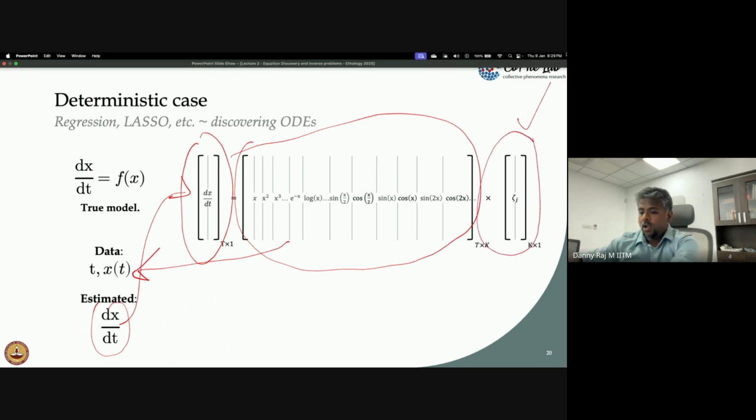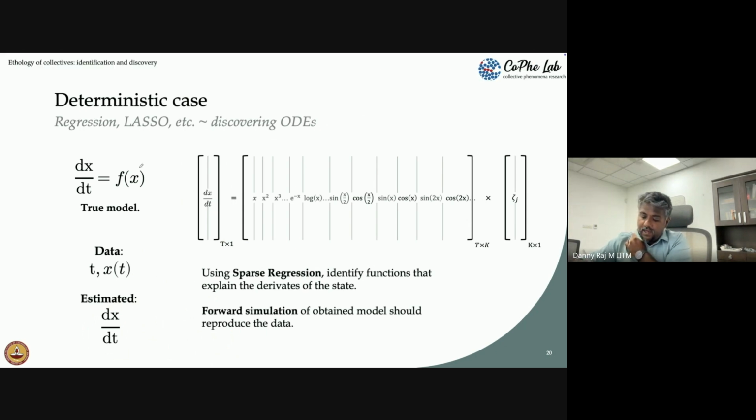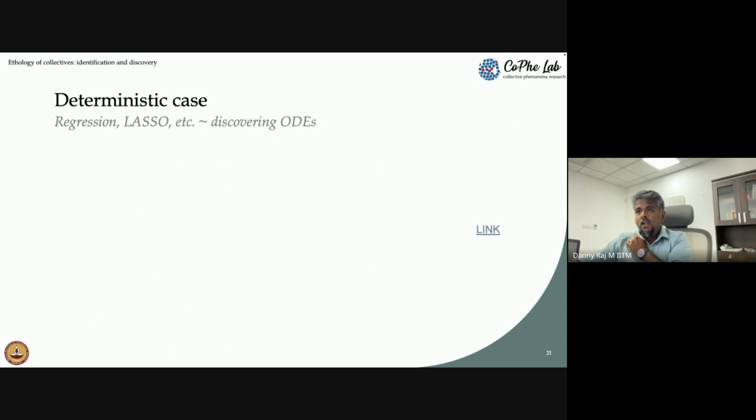So you can use sparse regression to identify this, and then once you do the sparse regression and identify a candidate set of functions for f of x, you have to necessarily carry out a forward simulation to see if it predicts.